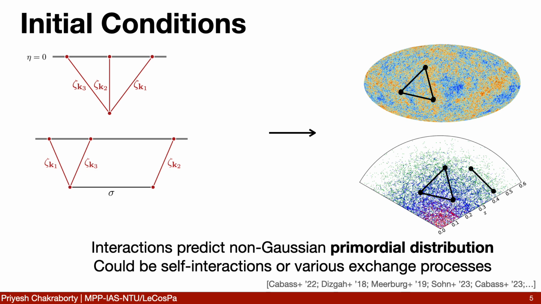And the reason is because inflation is generically an interacting theory, so it always contains some base level of interactions. So, for instance, this could be self-interactions of the inflaton, or exchange processes with some spectator field, which I call sigma over here, that propagates through the inflationary bulk.